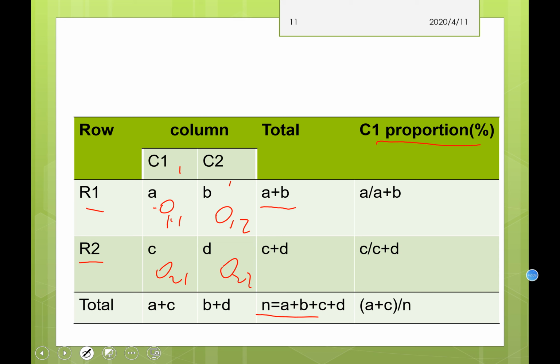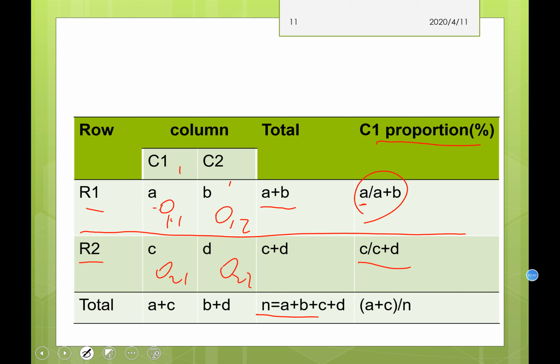So we can find that in group 1, that is the first row, if we want to calculate the proportion for C1, that means we need to use the number of O11, which is A divided by its total, A plus B. So this is the proportion for C1 in group 1. The same with that, the C1 proportion for group 2 should be C divided by C plus D.